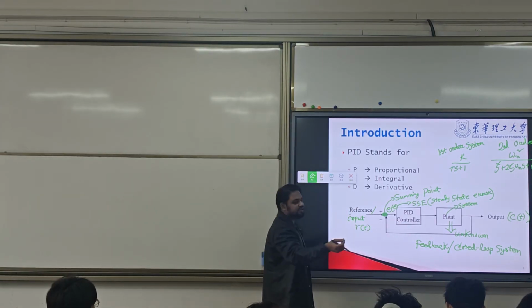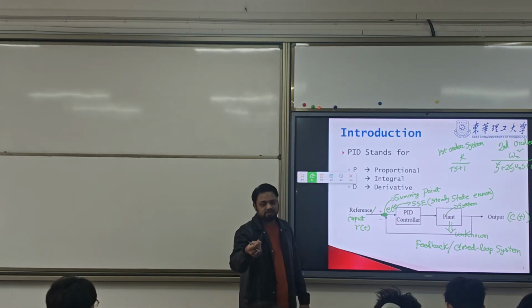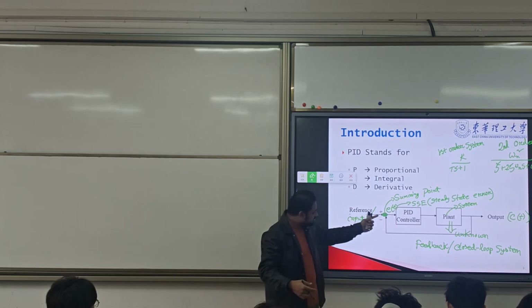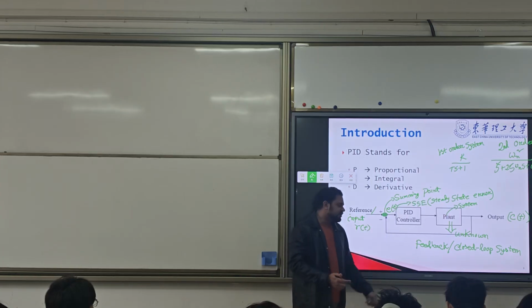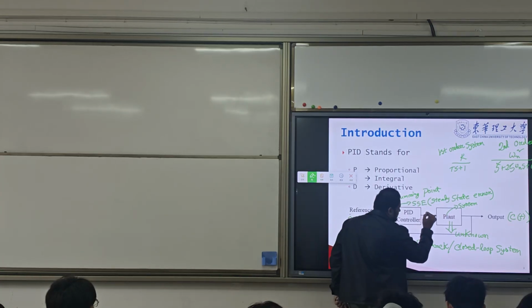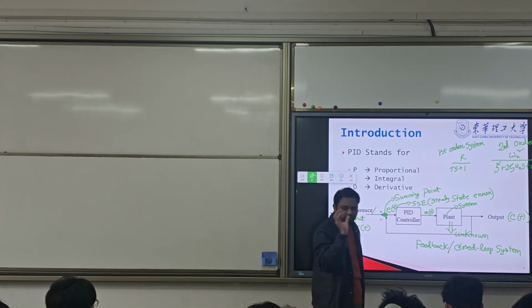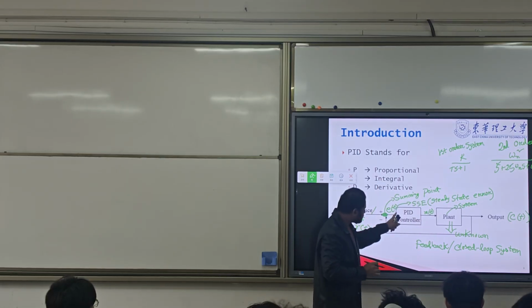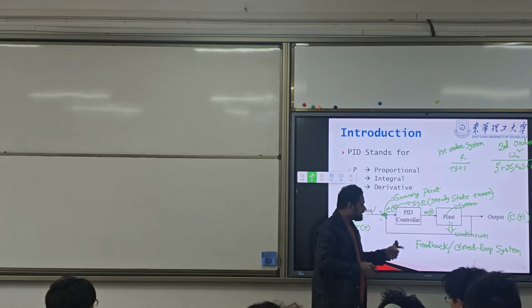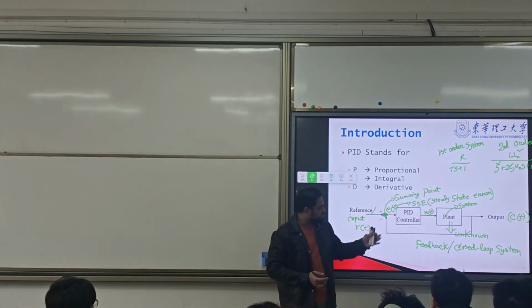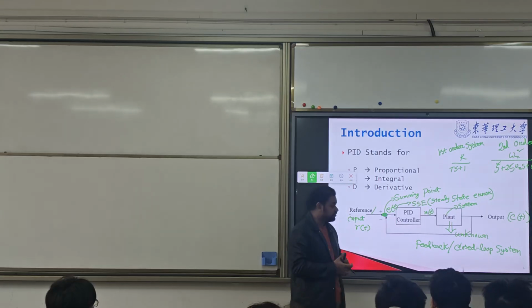It can be a P controller, PI controller, PD controller, or PID controller, anything. What this controller does is provide an output according to the controller. Then that output goes through the plant or system, and we get the final output.